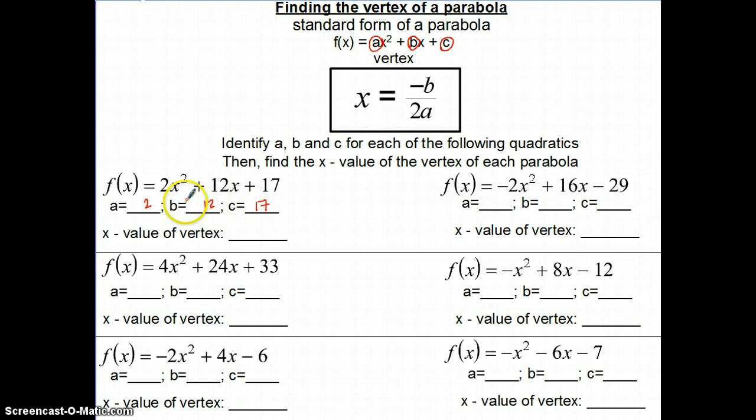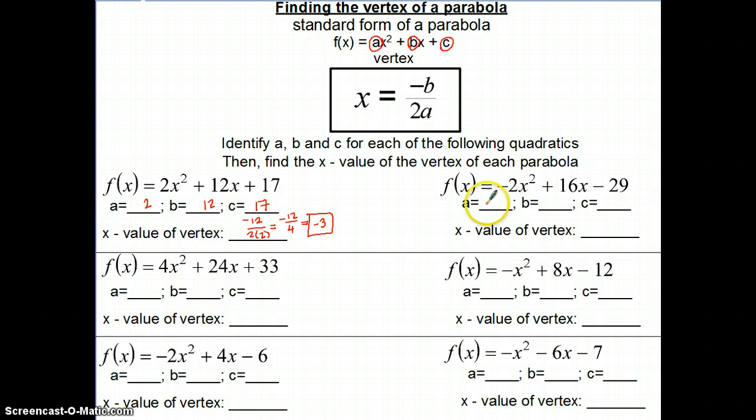The vertex is -b, so -12 over 2 times a, which is 2. This reduces down to -12 over 4, which is -3. That is only the x value of your vertex. If we wanted the y value, we would take this -3 and plug it back in to find our y.